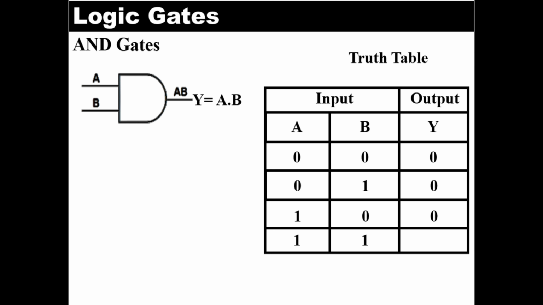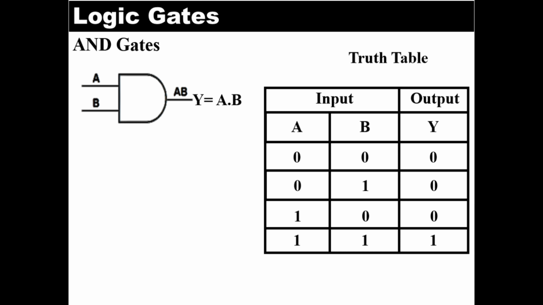So for A equal to 0 and B equal to 1, the output is 0, and for A equal to 1 and B equal to 0, again the output Y is 0. For the last possibility, when both inputs are high, the output will also be high, that is 1. So the output will be 1 only when both inputs are 1, otherwise it will remain 0.